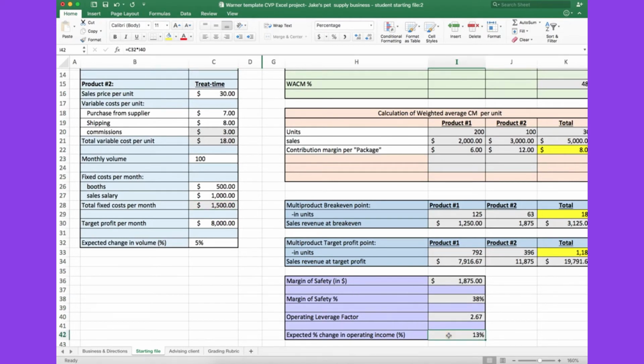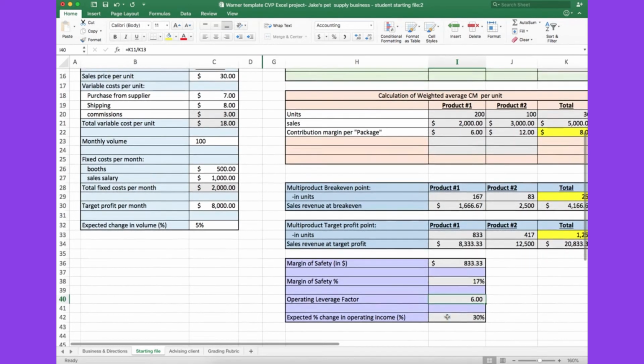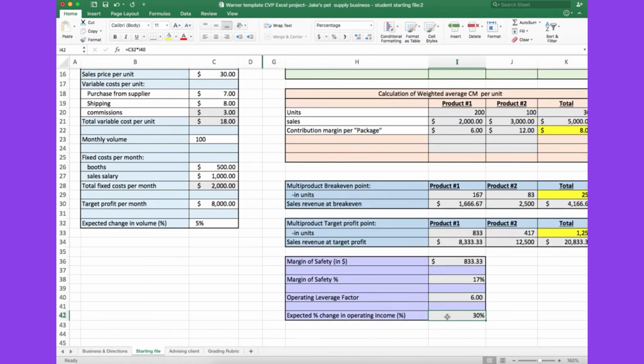So if we increase our fixed cost in our cost structure to $2,000, our operating leverage goes up. Higher fixed costs mean higher operating leverage. And with a higher operating leverage, that means for this 5% expected increase in sales volume, it's going to increase our operating income by 30%.